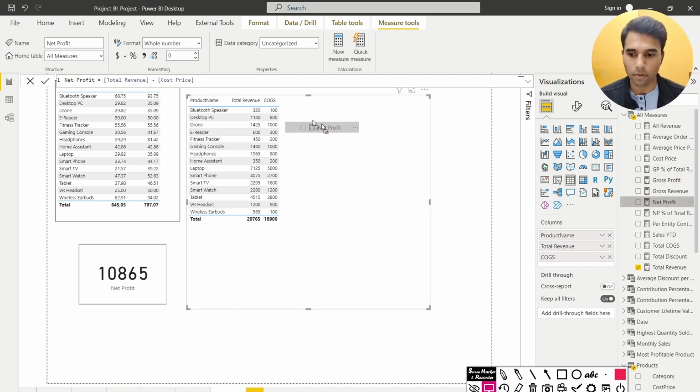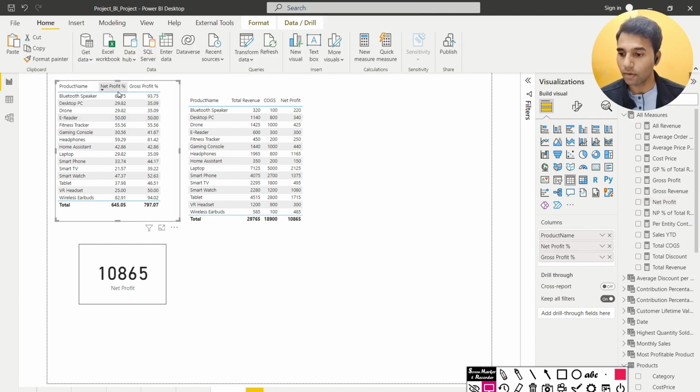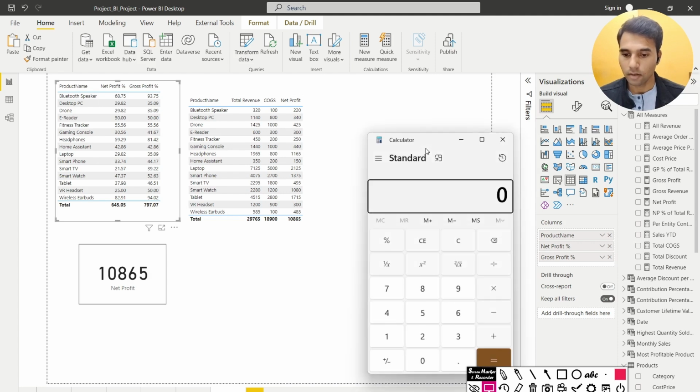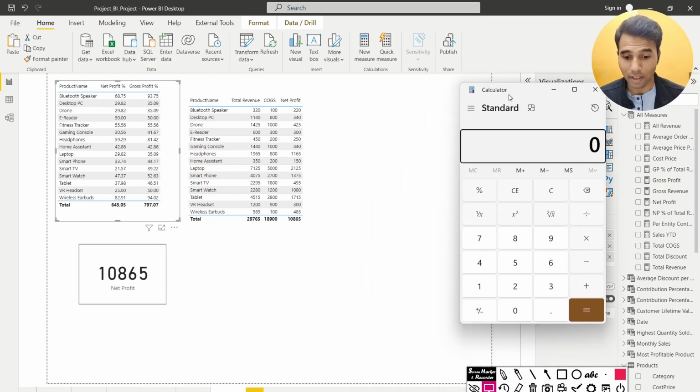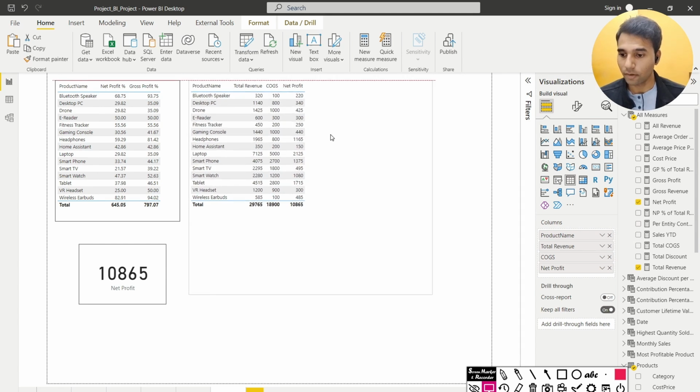I'll just pull this net profit here. Okay, so what my net profit percentage is going to be is 220 divided by 320. So let me pull calculator, and if our calculations are correct, then this should give us the correct output. Yeah, so this gives us the net profit.